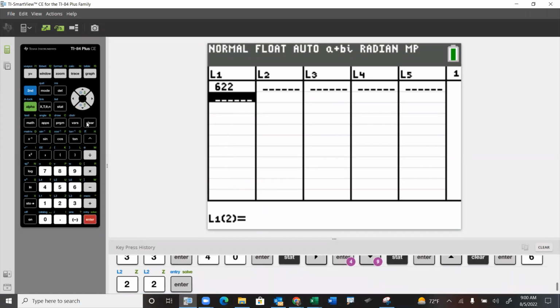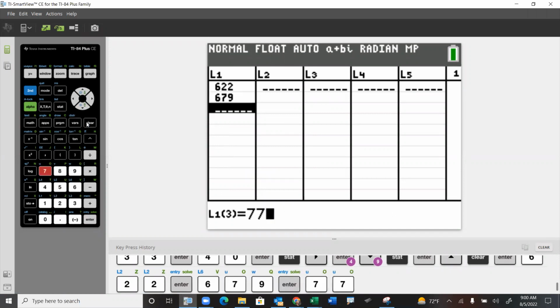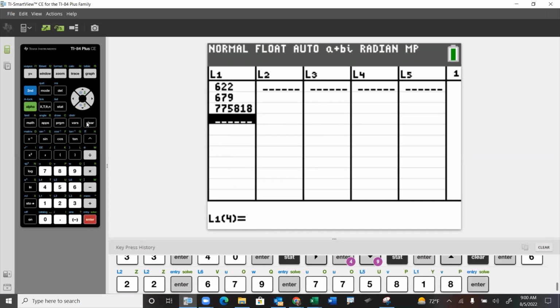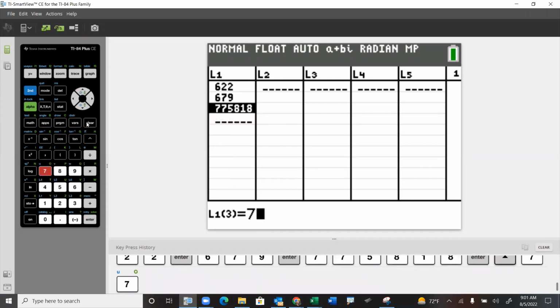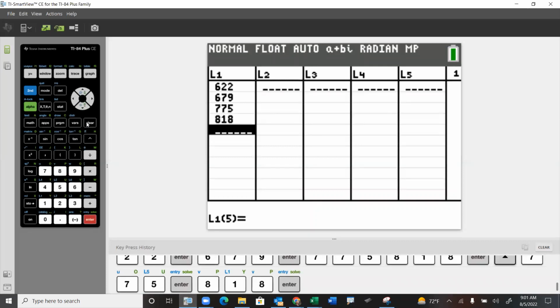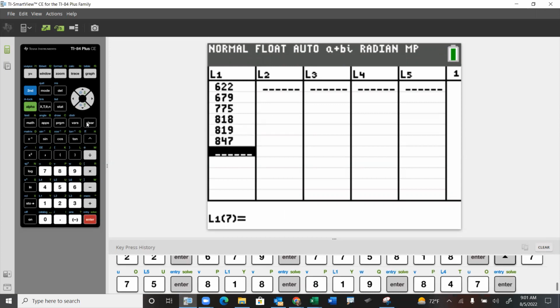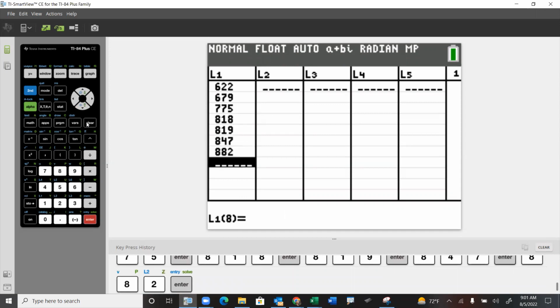All right, so let's see, make sure I do this correctly. 8, 18. Oh, poop. Well, I did it incorrectly.